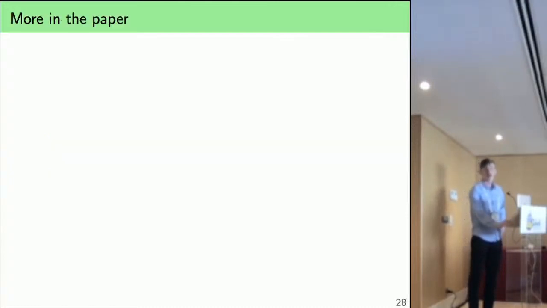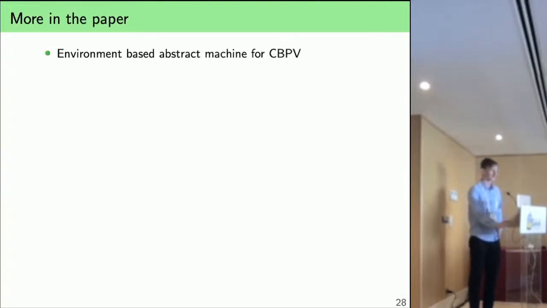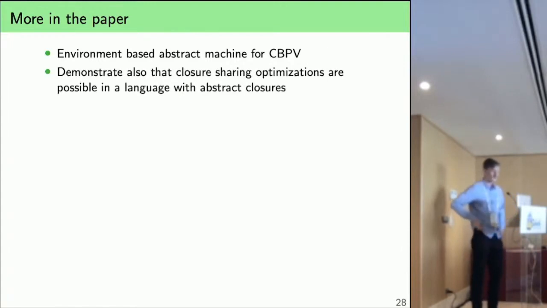There's more in the paper that felt like too much to get into for the talk. We present environment-based abstract machines for call by push value, which were very similar. They're an extension to Levy's CK machine for call by push value with a delayed environment. Another thing we do is handle sharing too, because those closures behave a little differently than those in call by value and call by name.